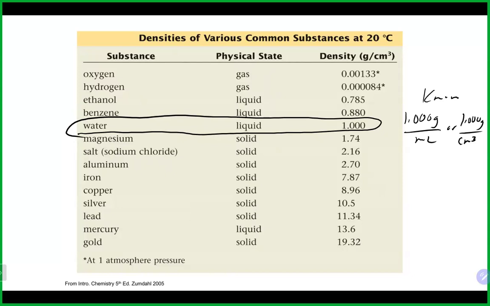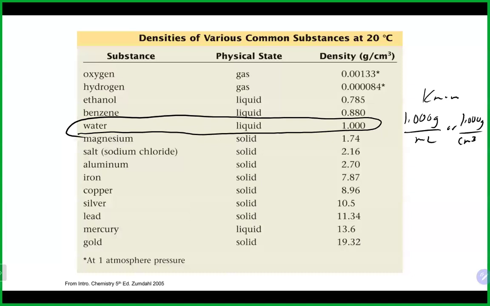By the way, density does change with temperature. But pretty much if you ever need the density of water, usually in any type of chemistry problem, and it's not given to you, 1 gram per milliliter is typically a good number to use, and that's usually the number that you would use.